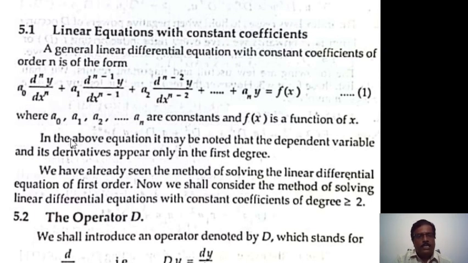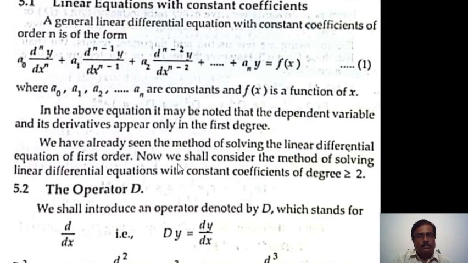Now by substituting all these in the derivatives, d^n by dx^n is replaced by D^n, and similarly d^(n-1) by dx^(n-1) is replaced by D^(n-1). When we replace that, we get the equation equal to f of x.